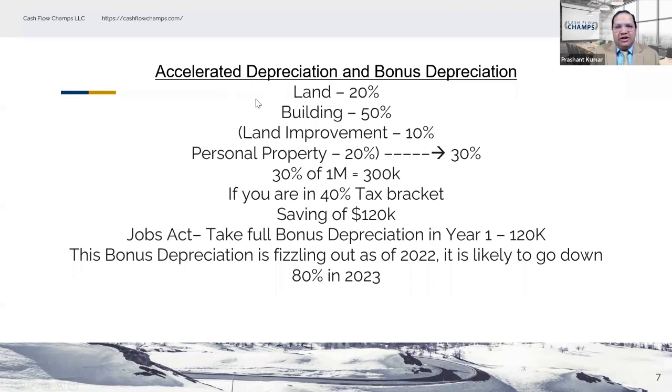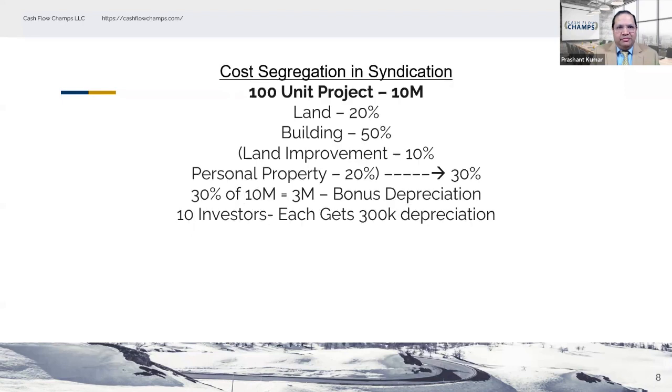So that is done. That 30% upfront gives a lot of benefit to real estate investors. They are able to put a lot of money in their pockets. That's the primary advantage of bonus depreciation.